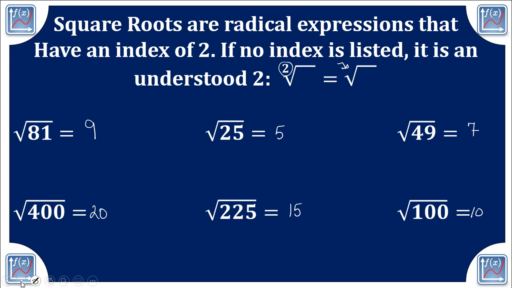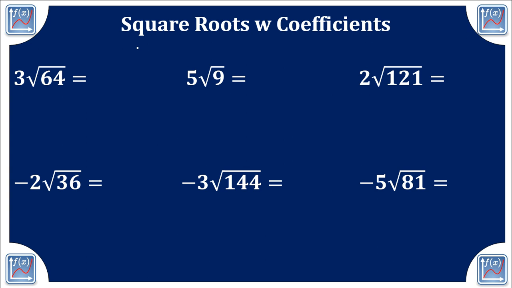Now let's talk about taking the square root when we have a coefficient other than the understood 1. So in this first problem, this is saying 3 times the square root of 64. The radical acts like parentheses in order of operations, which means we need to take the square root before multiplying.